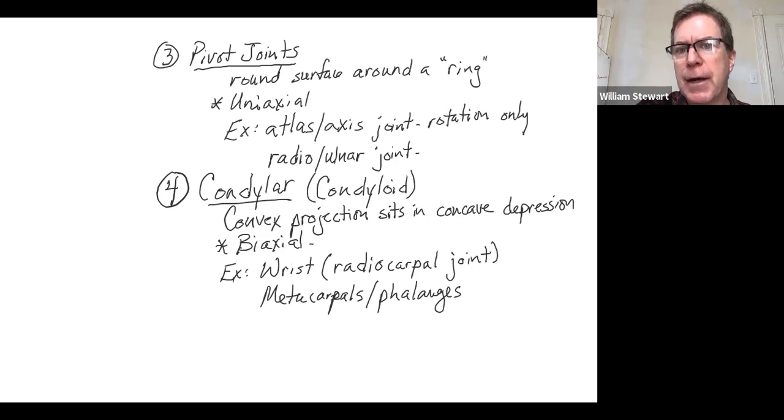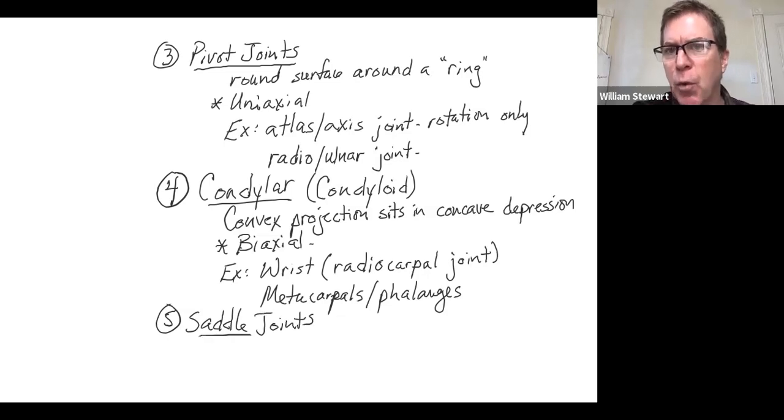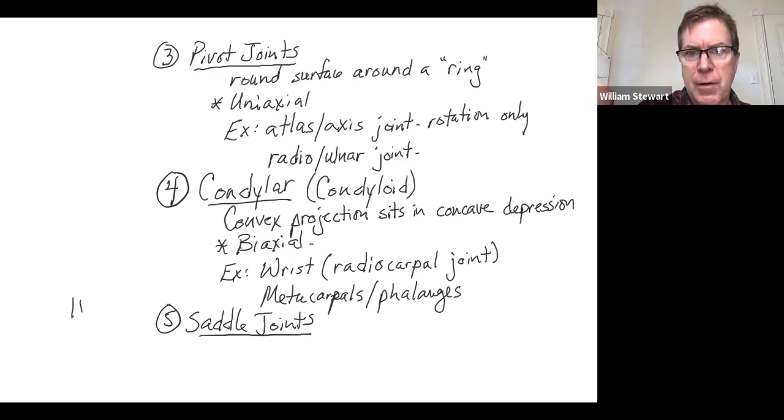All right, number 5, we're getting close to 6, all 6 here. Number 5, saddle joints, like a horse saddle. These are all pictured in table 8.1, as I mentioned earlier. They get their name because they're sort of saddle shaped. We have one part of the bone kind of looking like this.